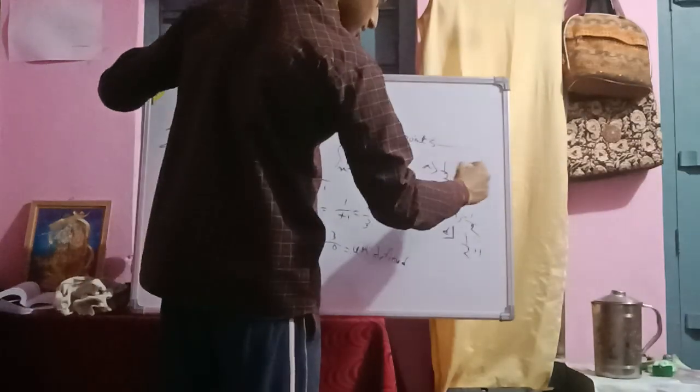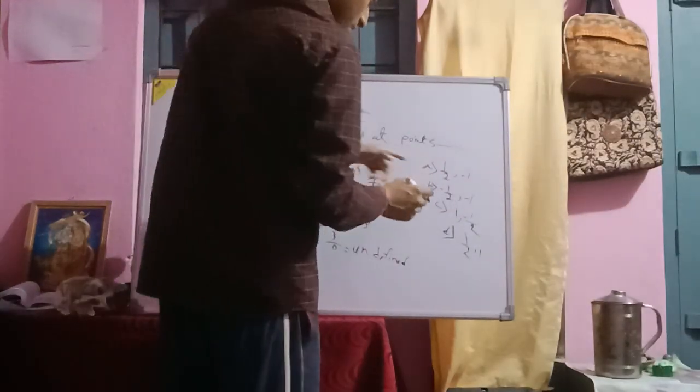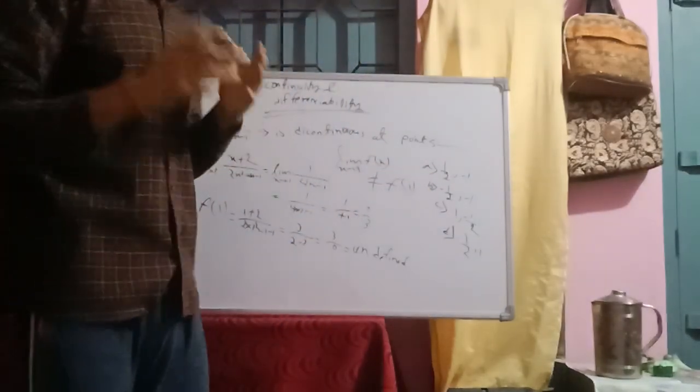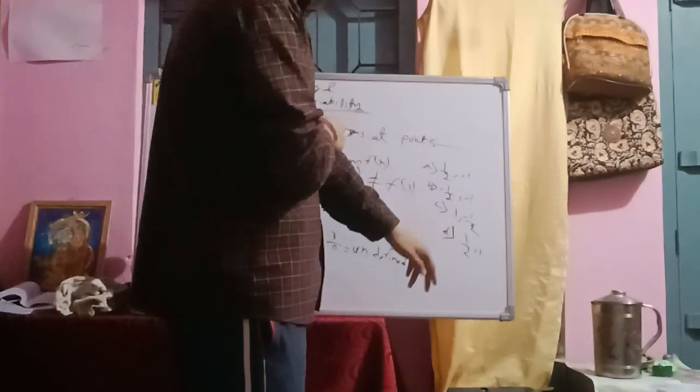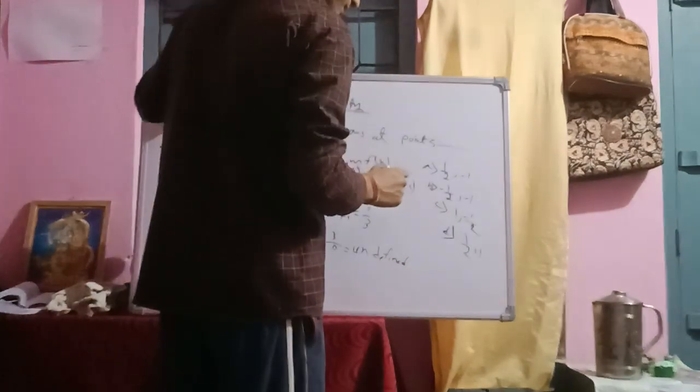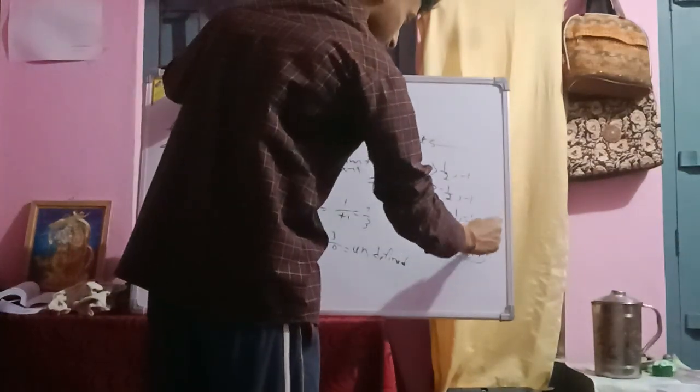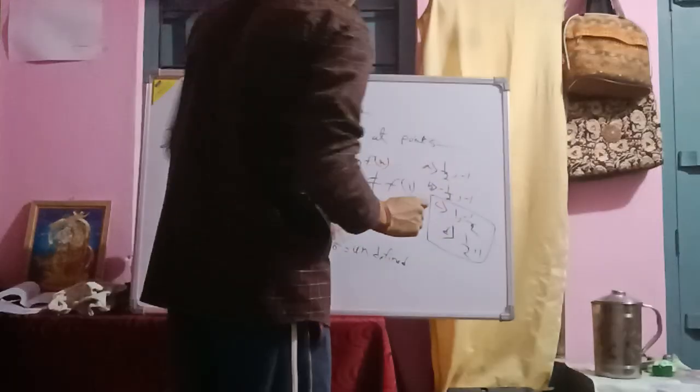So that means the first two options, A and B, get cancelled out at the very first, because neither of these two options have positive 1 in them. So the options we are left with right now are option A and option D.